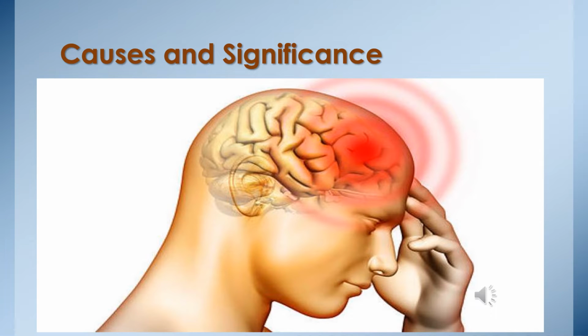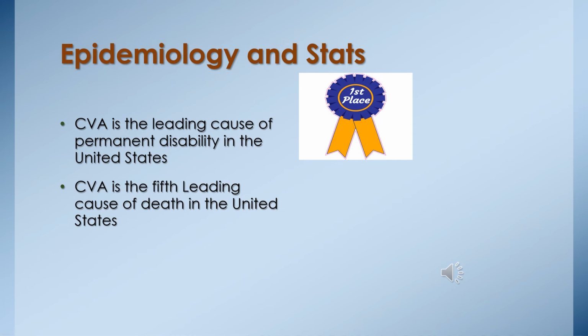Let's discuss the causes and significance of a CVA. In your nursing career, you will definitely take care of a patient that has been diagnosed with a stroke because CVA is the leading cause of permanent disability.